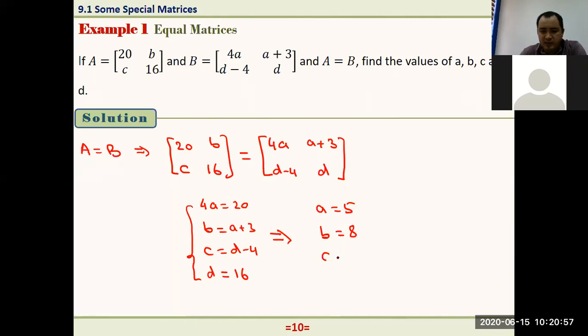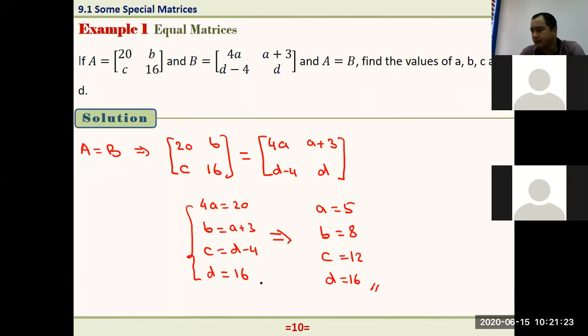So how about c? c equals d minus 4 from the last equation. d equals 16, 16 minus 4, that is 12. And d is equal to 16. So if you're claiming that these two matrices are equal, then the values of a, b, c, d must be 5, 8, 12, and 16 respectively.